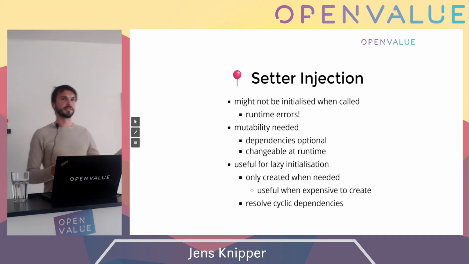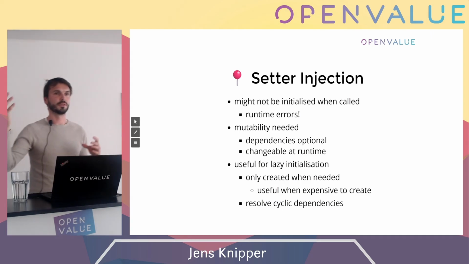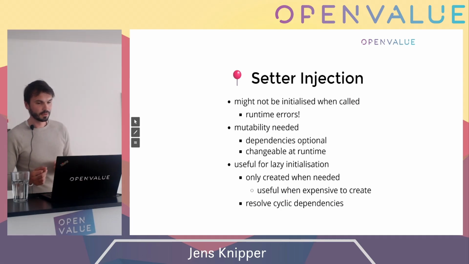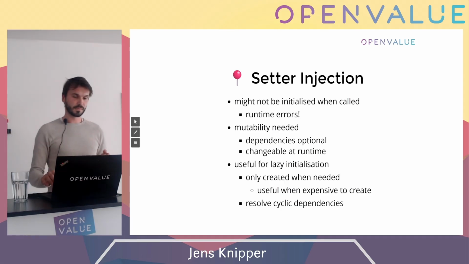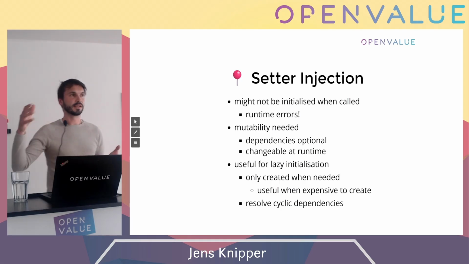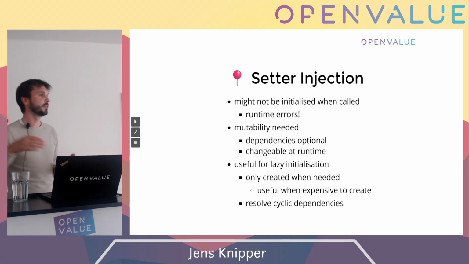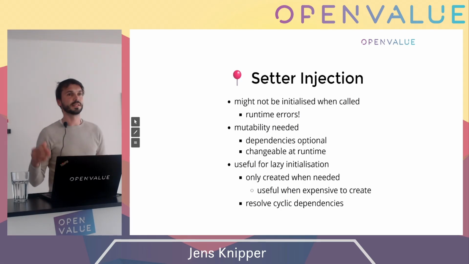So the dependency then actually just gets created when it's first called. And as we saw, because the creation of the client and the setting of the dependencies are actually separated, we can use it to resolve cyclic dependencies.